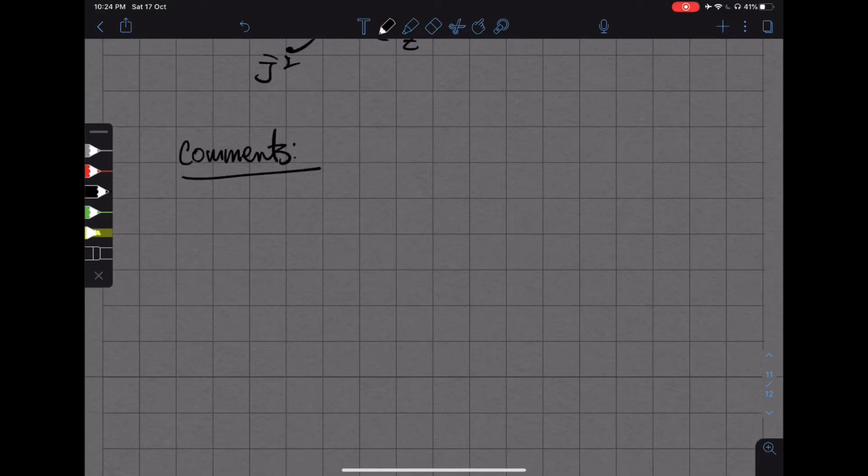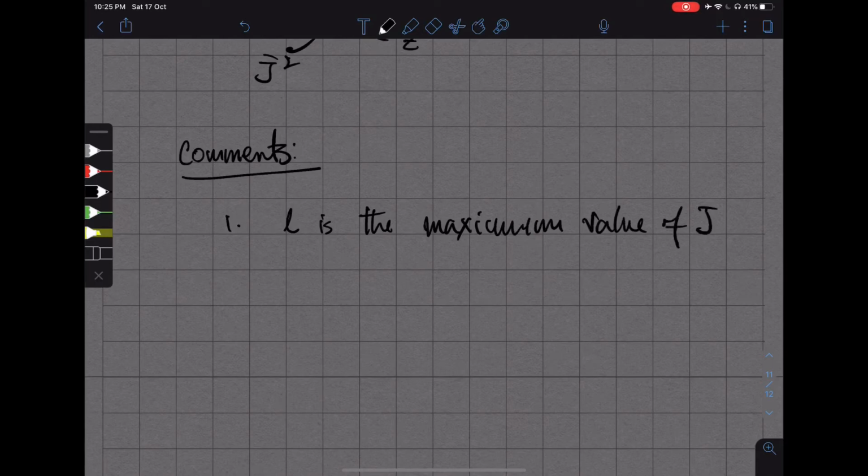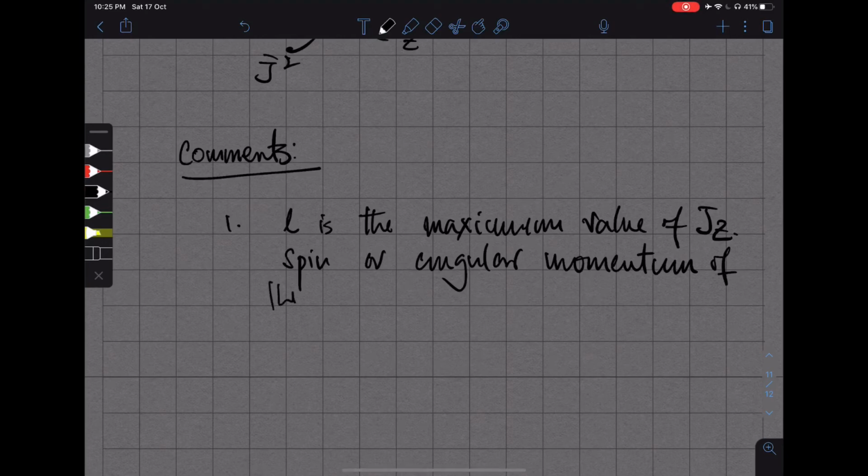So several comments are in order, and the first comment is that the maximum value of M is given by L. So this is the angular momentum or spin of the system.